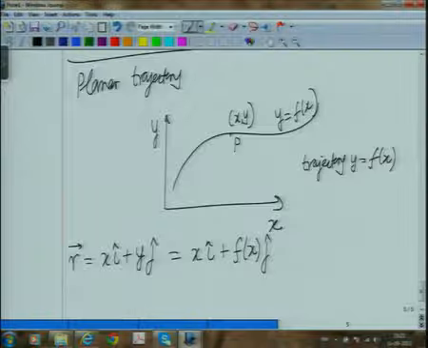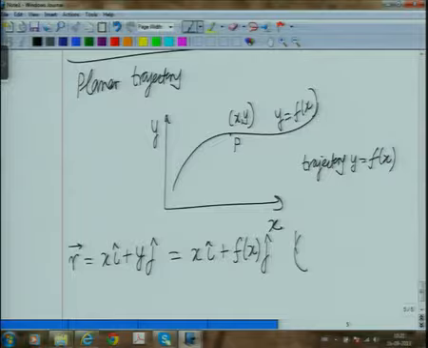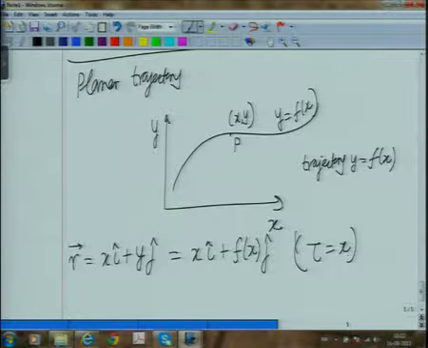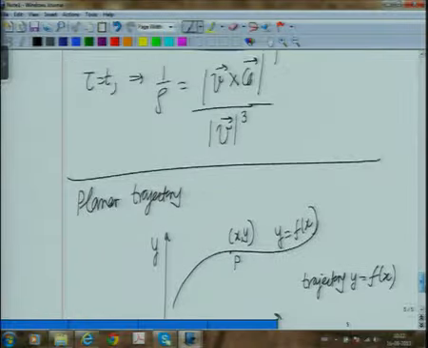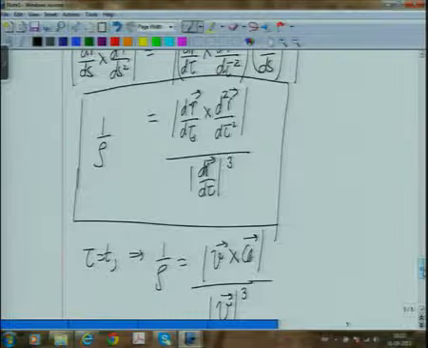Tau is x, because I know the path in terms of the variable x, and this is what you should be able to derive or think of. So here in brackets I am writing tau is equal to x. So now if I have to find rho, I have to find dr vector by dx, d2 vector r by dx square, and that's it. I am done, isn't it? So let's do that.